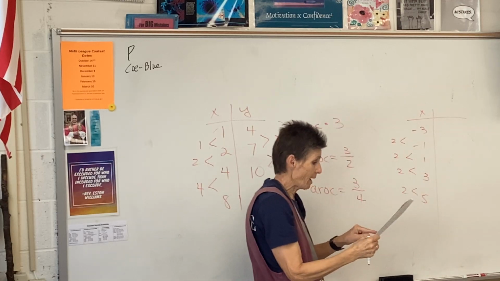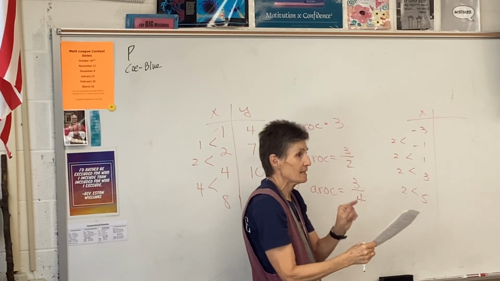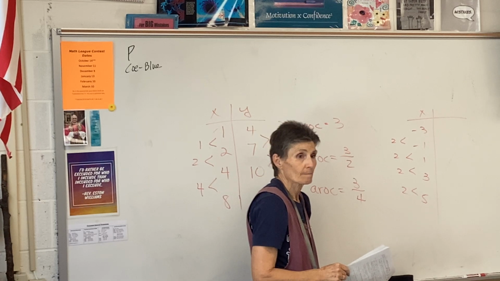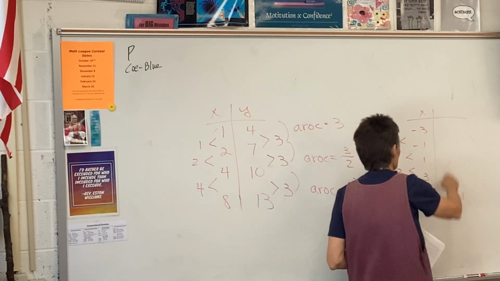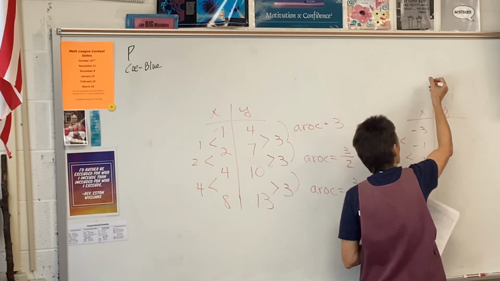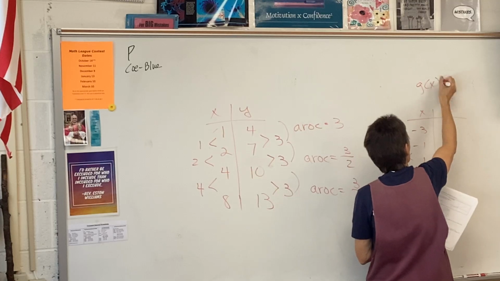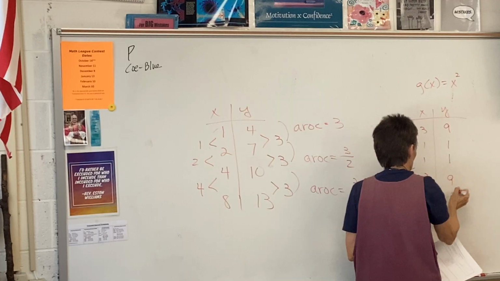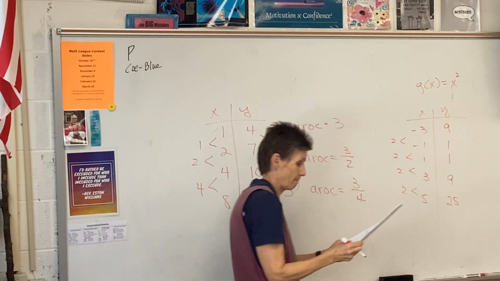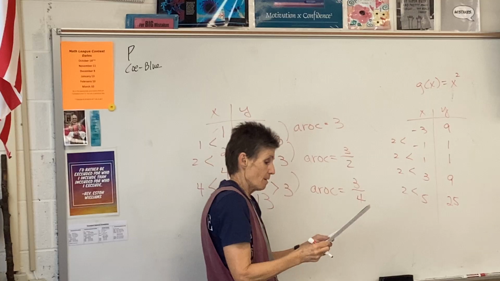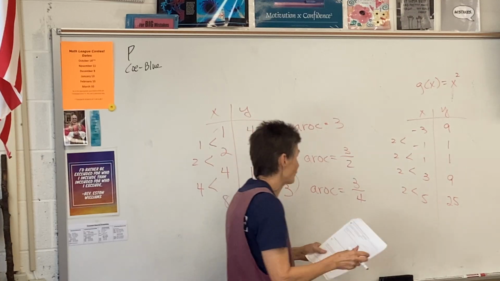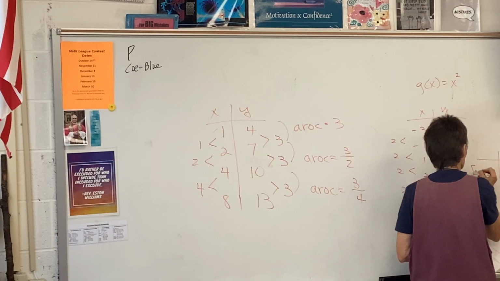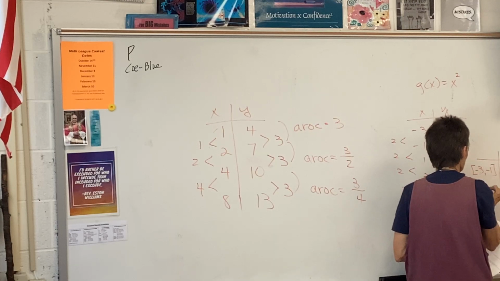That's what he means by equal length input values. All right, go ahead and fill in this side. Then complete the table for the average rates of change. Find your average rate of change.